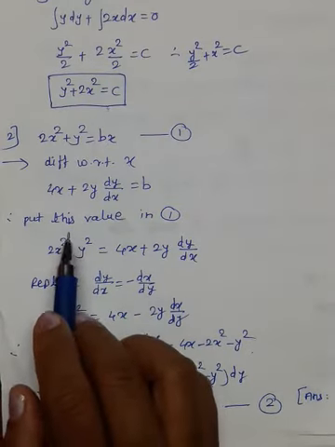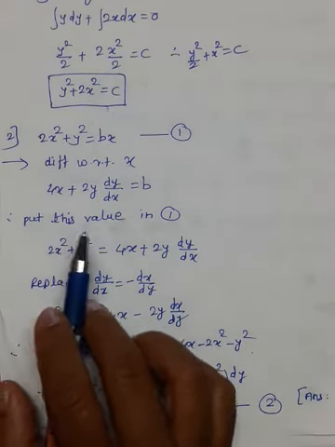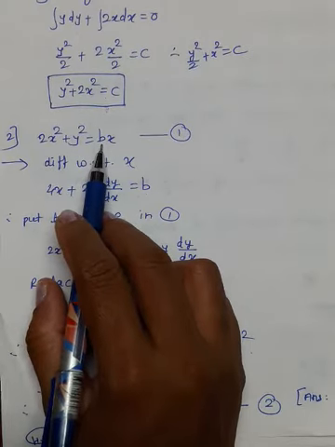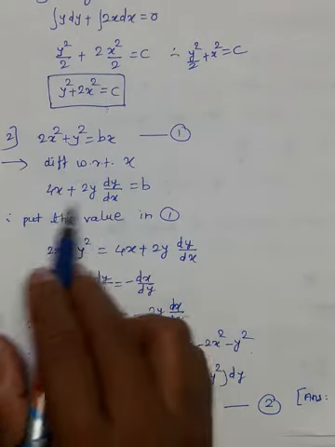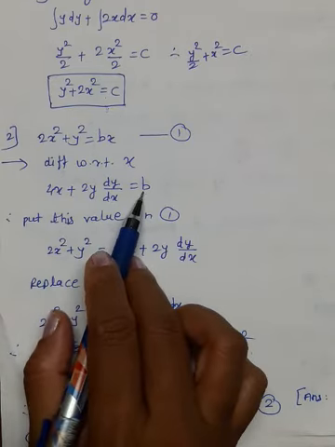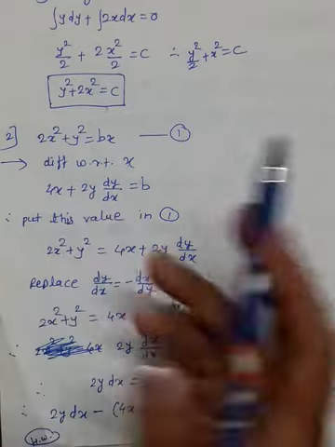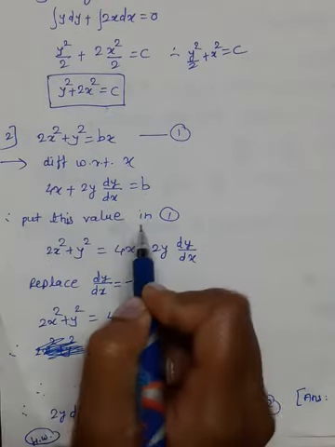Now the second step is to eliminate this constant. This is the value of b. Directly we are getting the value of b. Put this value as it is in the given equation, equation number 1.